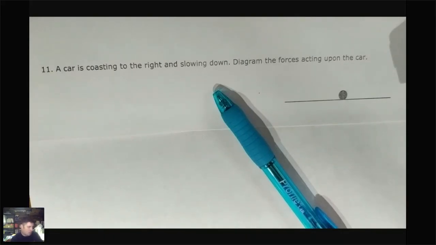All right. You're driving a car or in a car, coasting to the right, and you are slowing down. How many forces act on this car?